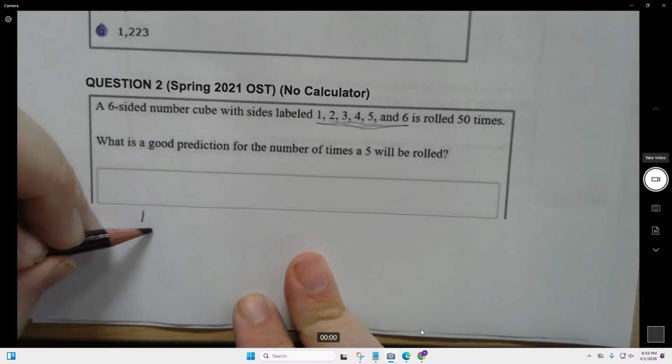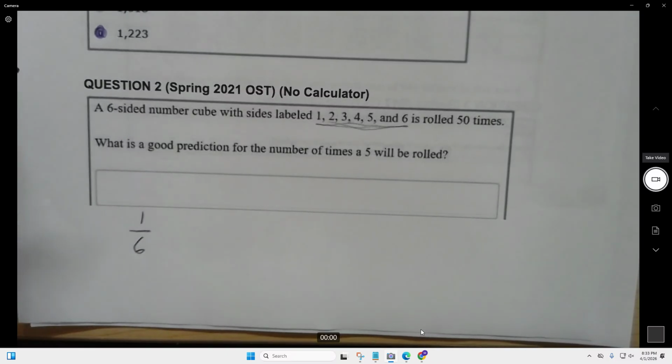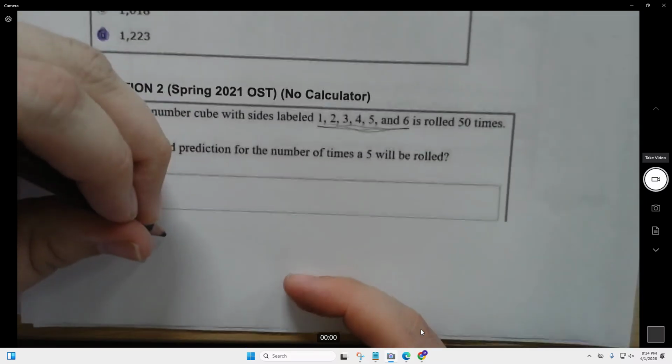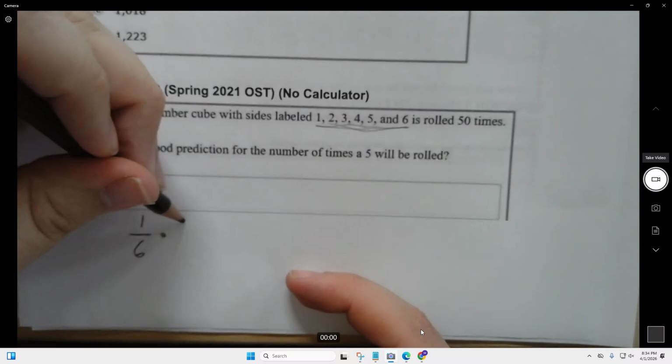So you have a 1 out of 6 chance. So the question is, what is a good prediction for how many times you'll roll the 5 in 50 attempts? So you have a 1 out of 6 chance, 50 times.